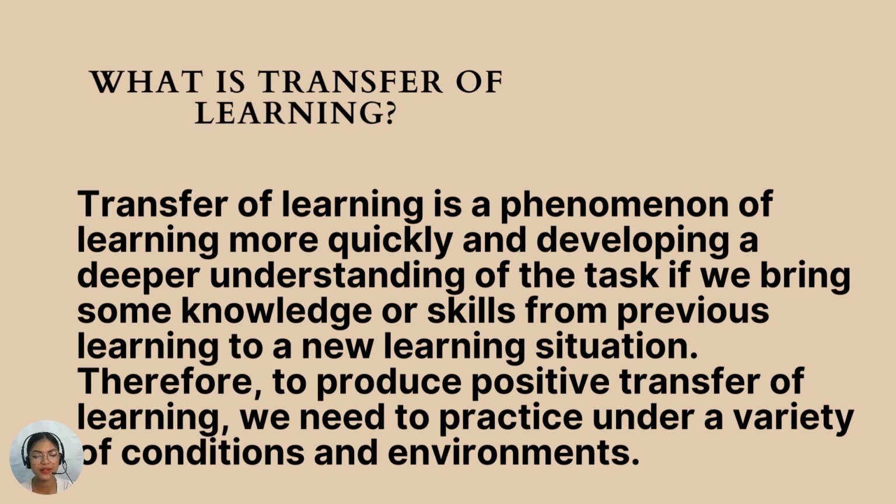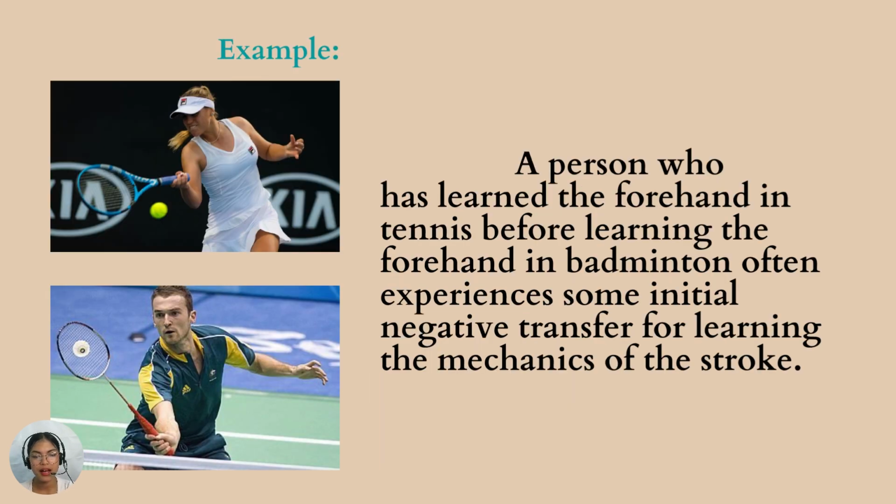Negative transfer occurs when previous experience hinders or interferes with the learning of a new skill or the performance of a skill in a new context. For example, a person who has learned the forehand in tennis before learning the forehand in badminton often experiences some initial negative transfer in learning the mechanics of the stroke.